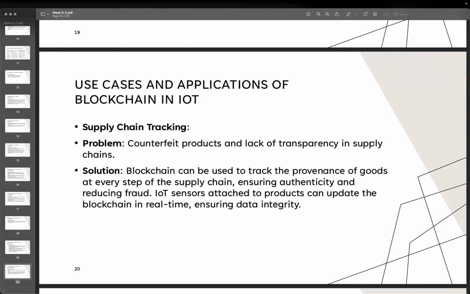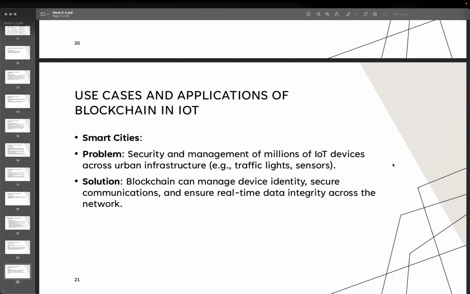And then also maybe in smart cities. When we work on a smart city, we have the security issue of managing millions of IoT devices in the urban infrastructure, including traffic lights, building sensors, all this. First we can manage their identity, secure their communication, and ensure real-time data integrity across the network.